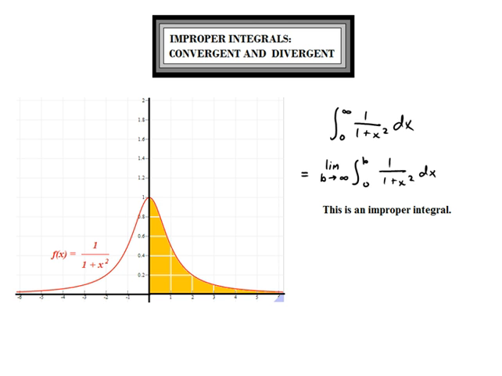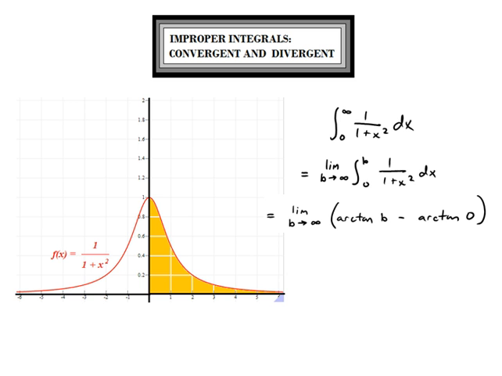Now we are talking about improper integrals. The approach for evaluating this improper integral, though, is not very far off from the definite integral, the proper one, from before. Let's take a look here.